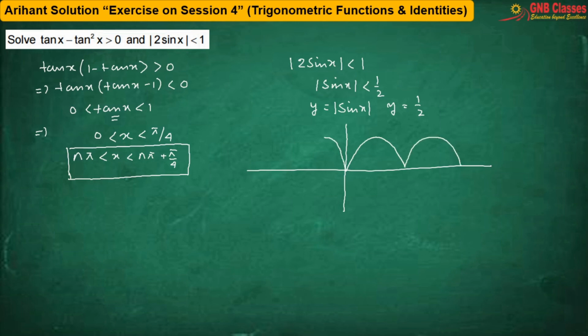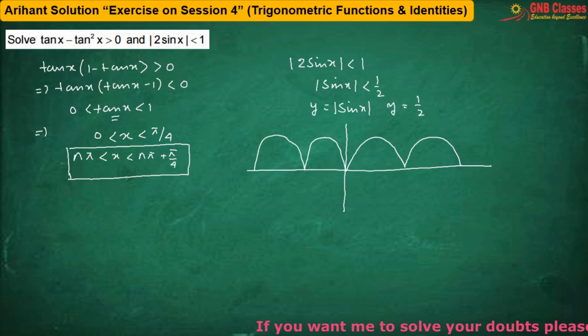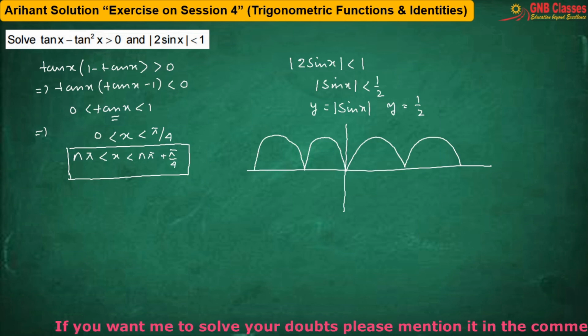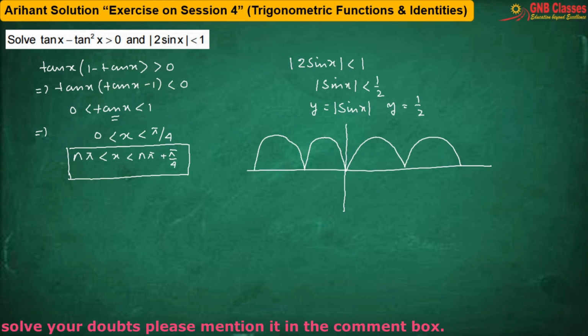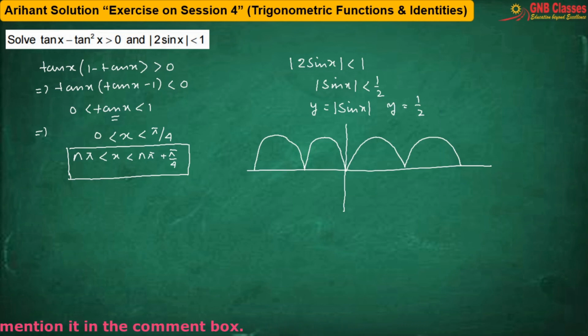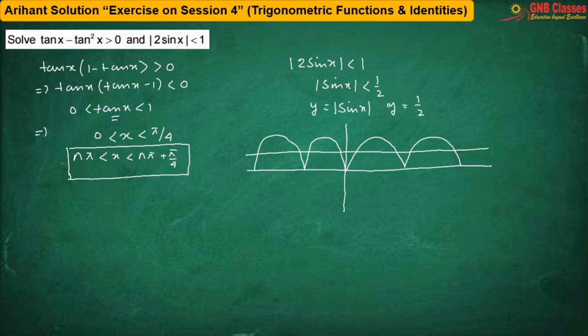Those who don't know the graph, I have given you the link below. Please go for the videos where I have discussed in detail about graphs and graphical transformations. From there you can understand this graph easily. This is the graph of y equals mod of sin x and y equals half is this. Is it clear?